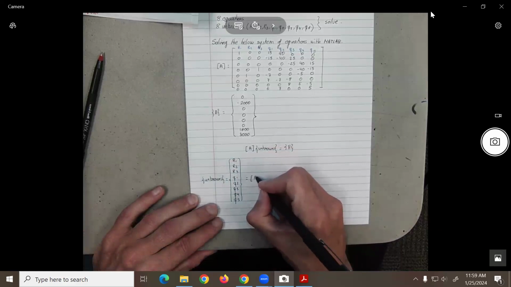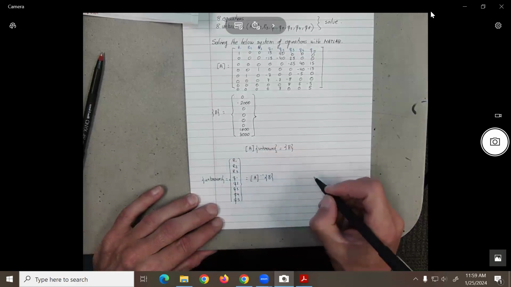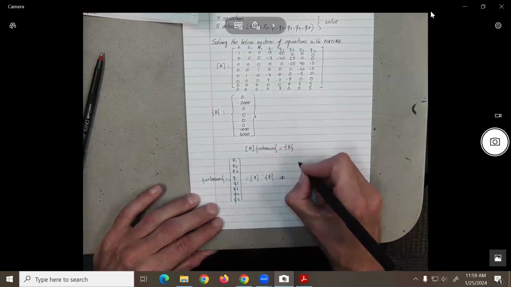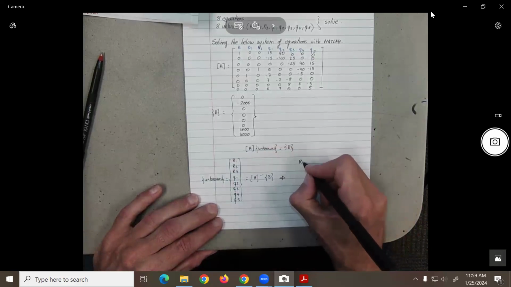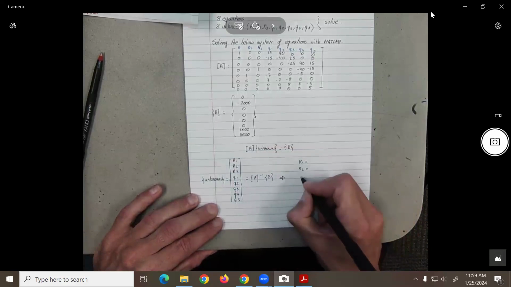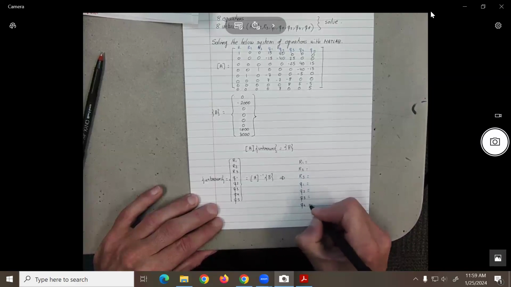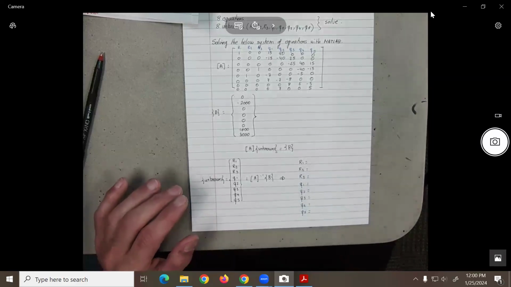Will be equal to A inverse times B. So this is going to give us R1 equal, R2 equal, R3 equal, Q1 equal, Q2 equal, Q3 equal, Q4, Q5. So we do that in MATLAB.